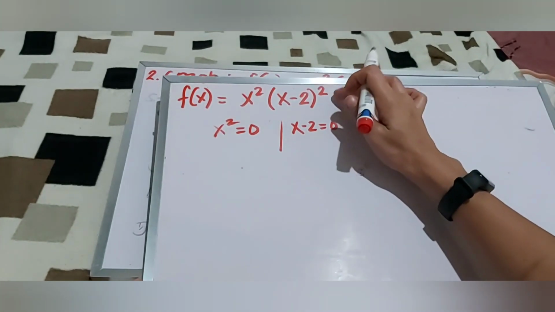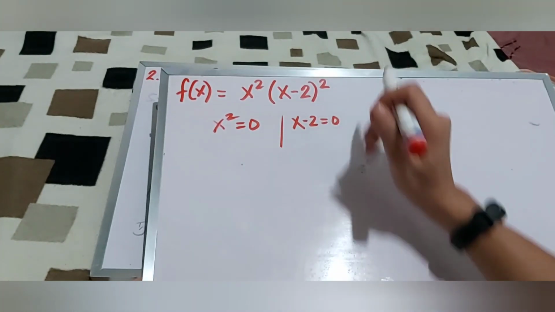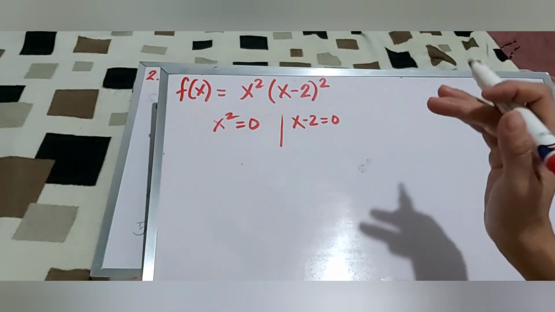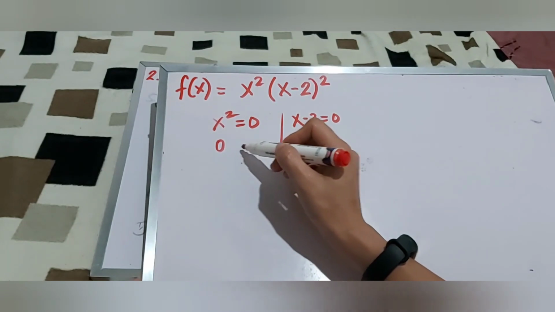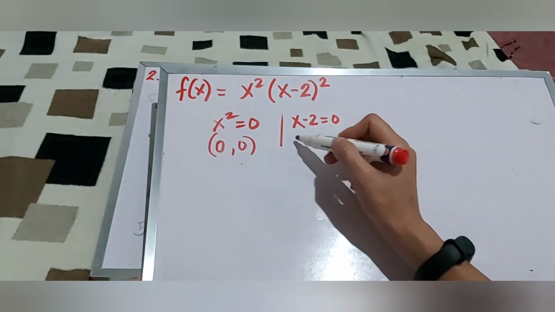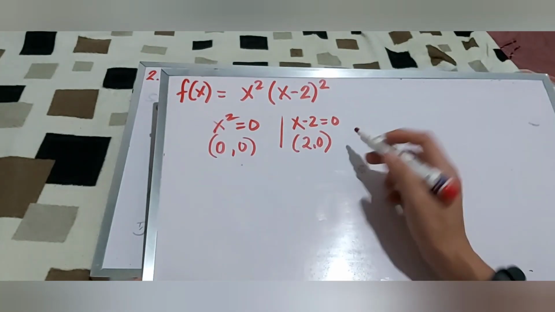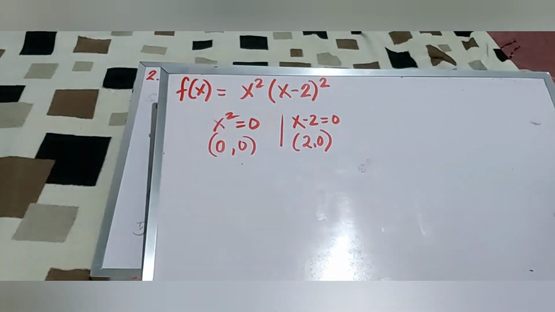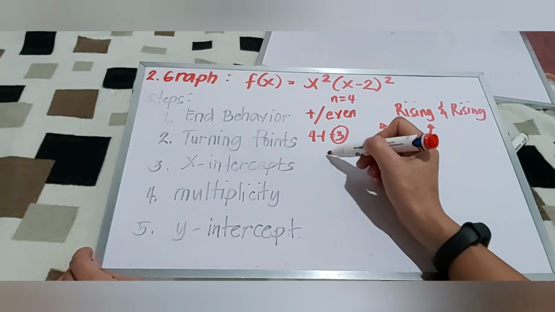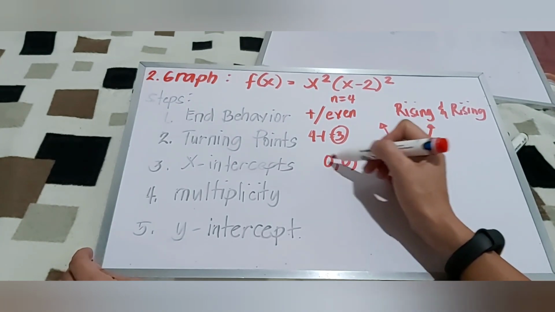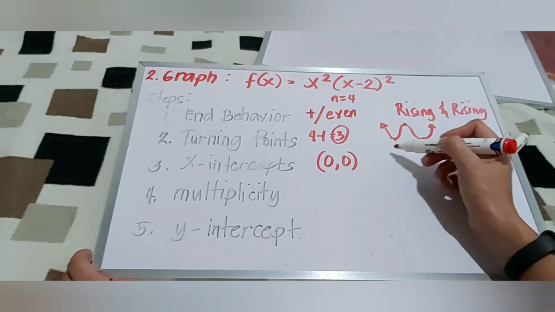So, yung square niya, it will tell us the multiplicity of our x-intercept. So, this is 0. And here, this is 2 and 0 with a multiplicity of 2. So, lagay natin dito. X-intercept ay 0 and 0 dahil meron tayong x squared.